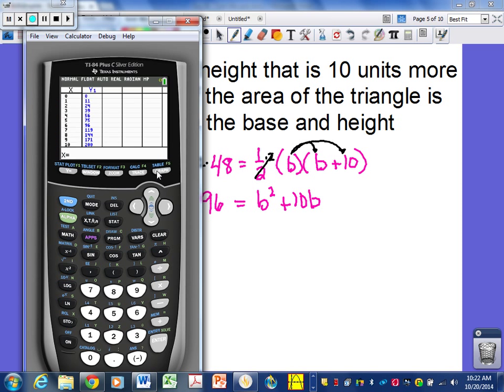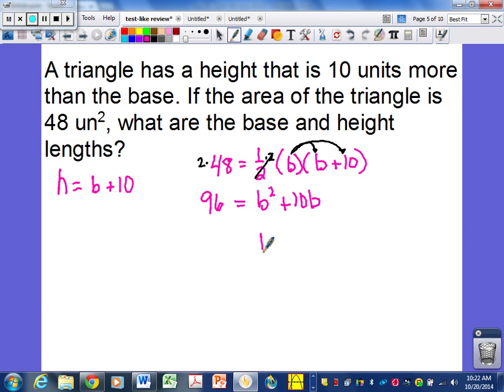value 96. It looks like we have it right there. So here we have a y value of 96 when we have an x value of 6. So that means b equals 6.